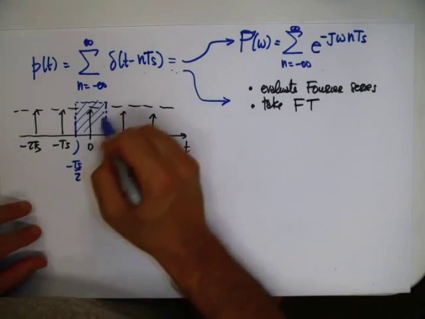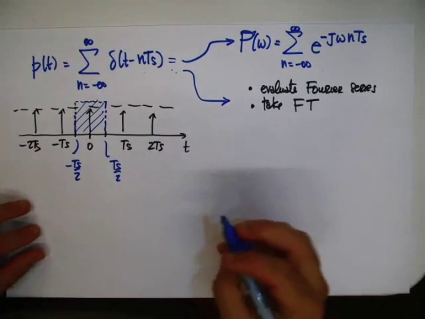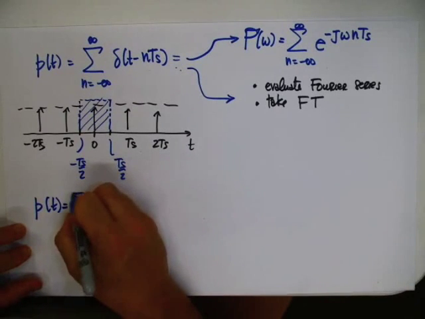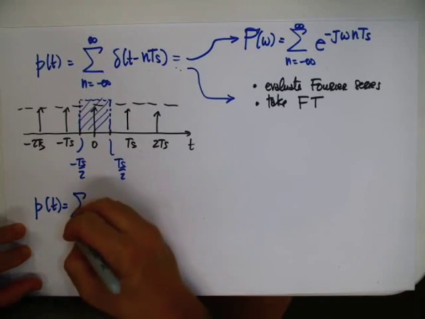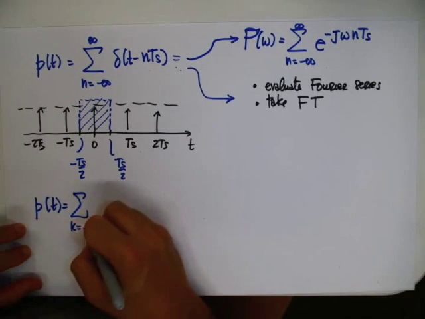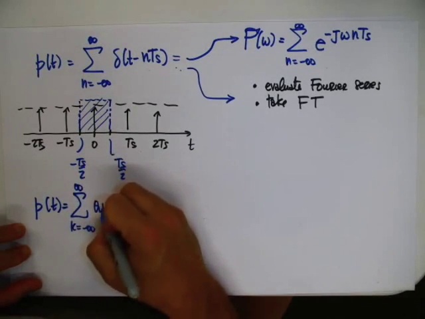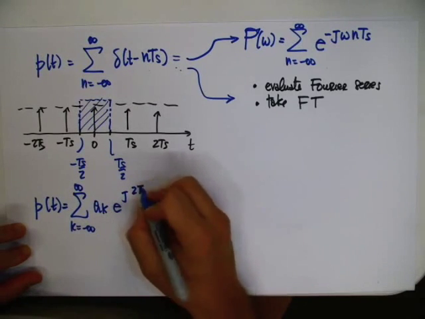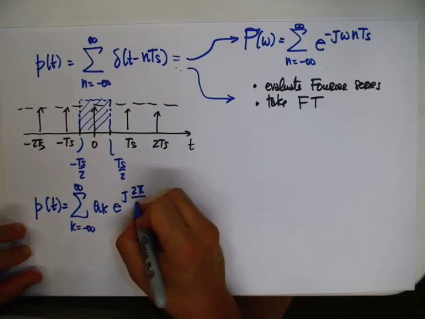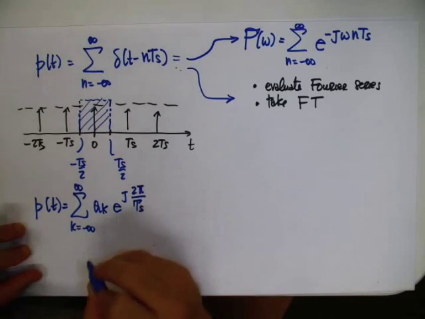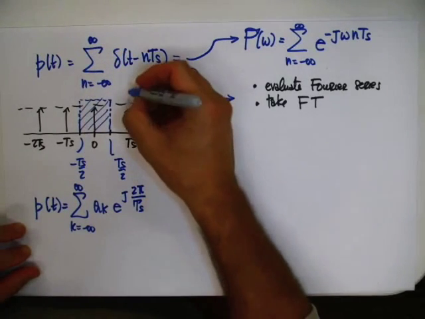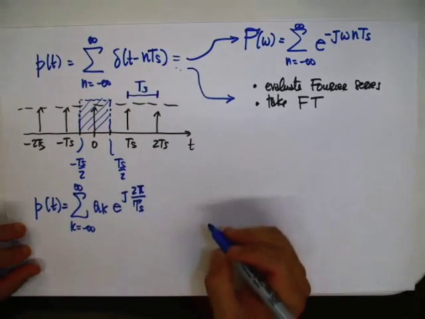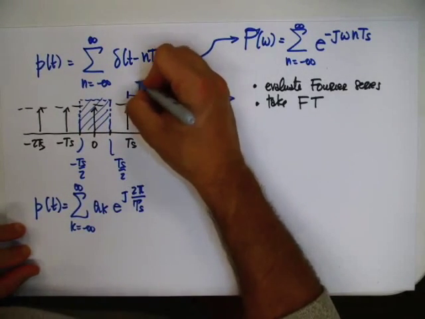And I can write p(t) as the sum from k equals minus infinity to infinity of a(k) e to the j 2 pi over Ts kt, because now the period of this periodic function is Ts. Ts is the sampling time.